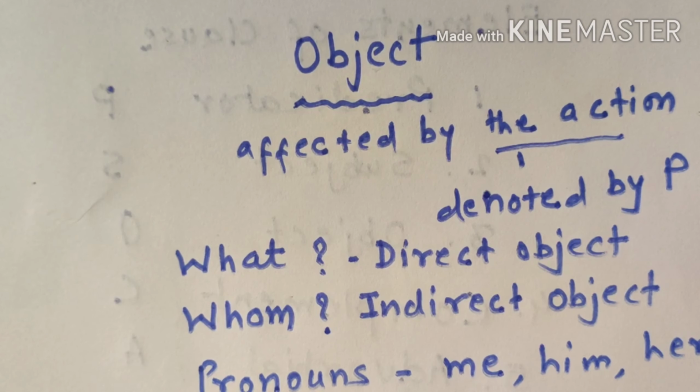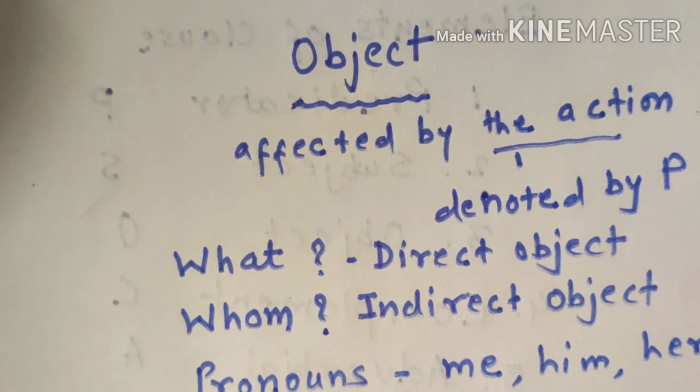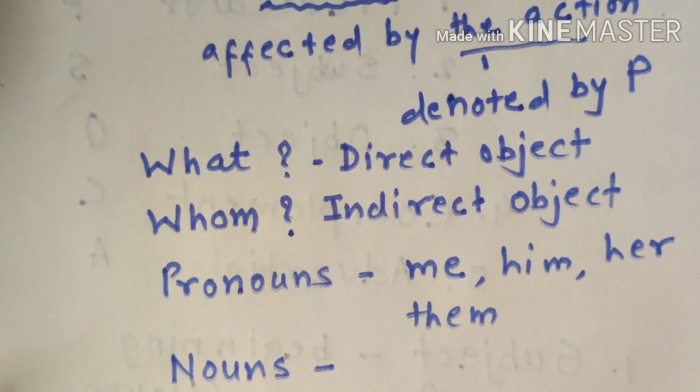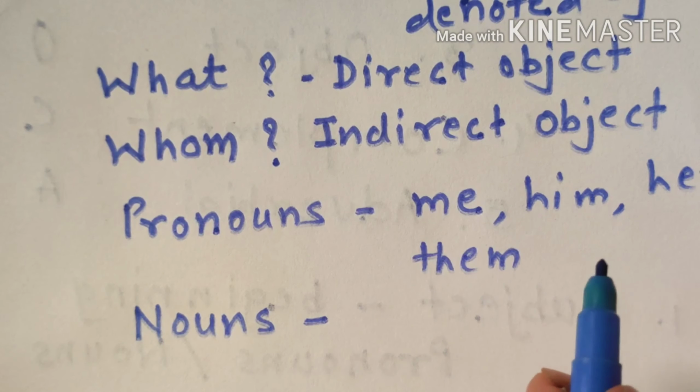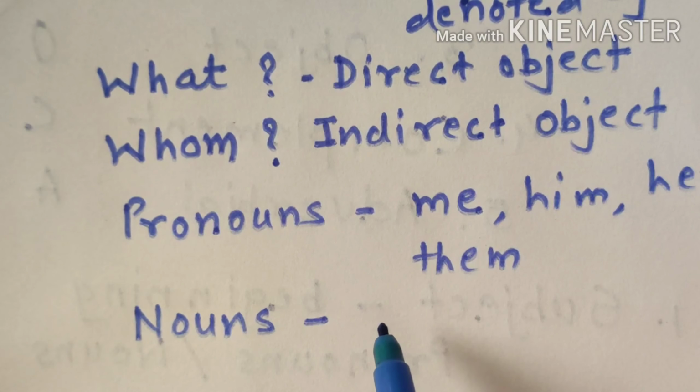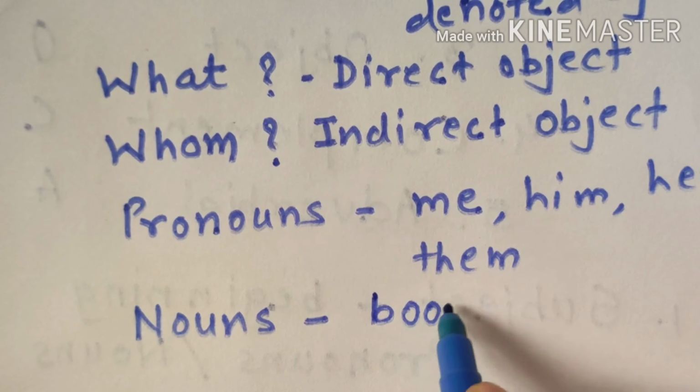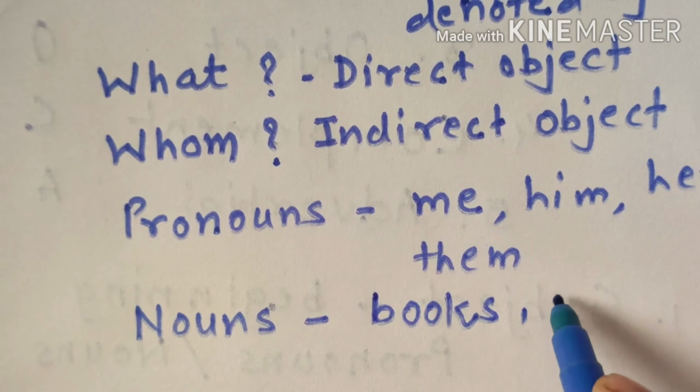Objects can be nouns or objects can be pronouns. Now what kind of nouns are there? Nouns can be the name of any person, the name of anything. For example, books, bags.